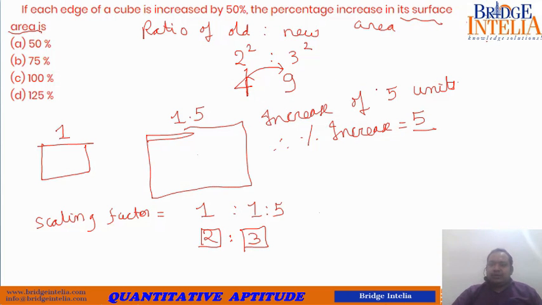So you will have to compare 5 with 4 and not with 9. So 5 is what percentage of 4? So 125% is the correct answer. So this one is the correct answer. So now let's move to the next one.